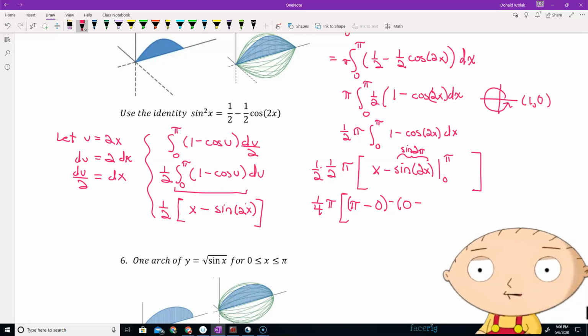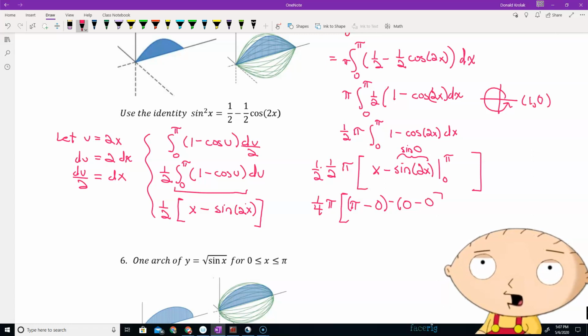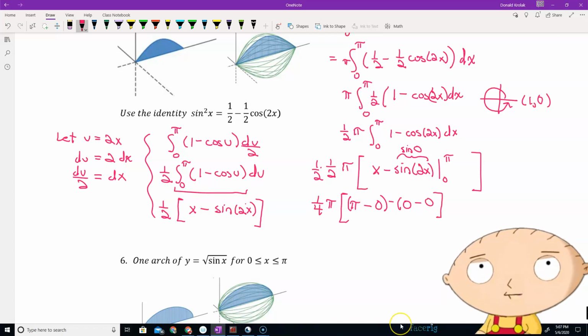Now this would become sine 2 times 0, which is sine 0 this time. And the sine at 0 is the same as the sine at 2 pi, 0. So I end up with 1/4 pi.